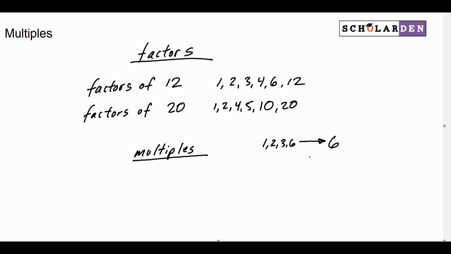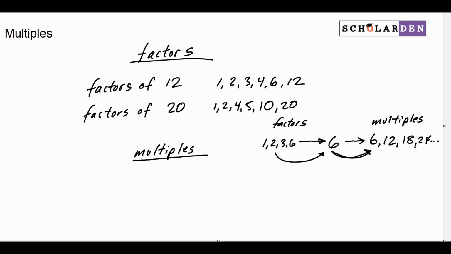Now we're talking about the multiples, which is what 6 goes into. 6 goes into itself, 12, 18, 24, etc. So 6 is a factor of all these, and its factors go into 6, and 6 is a factor of all its multiples. So these are the multiples of 6, and these are the factors of 6.